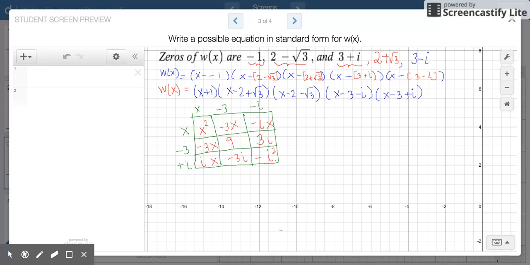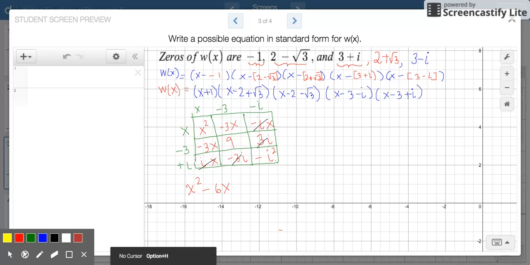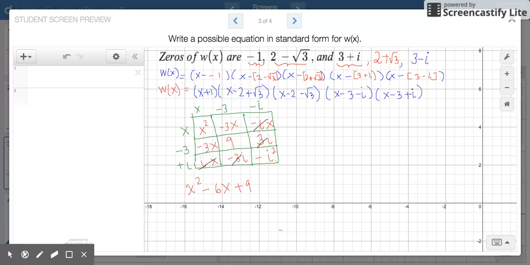So we'll have here x squared minus 6x. ix and -ix will be cancelled. -3i and +3i will be cancelled. So we are left with +9 and then minus i squared. Now we know that i is equal to square root of -1.